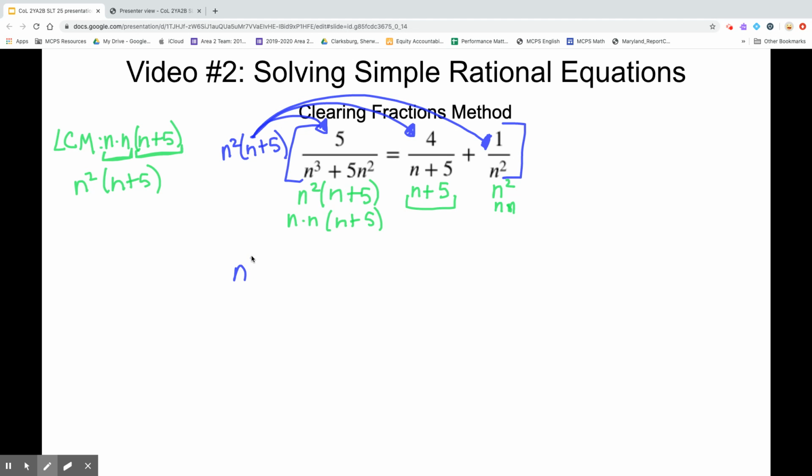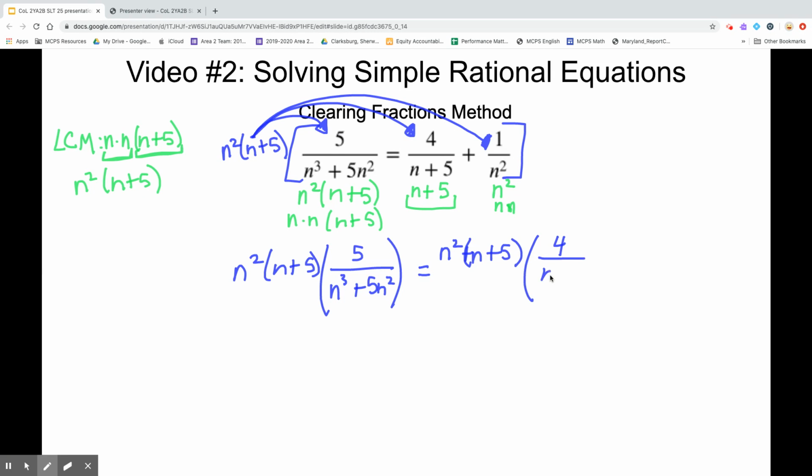So n squared times n plus 5 times the fraction of 5 over n cubed plus 5n squared equals n squared times the quantity of n plus 5 times 4 divided by the quantity of n plus 5 plus n squared times n plus 5 times 1 divided by n squared.